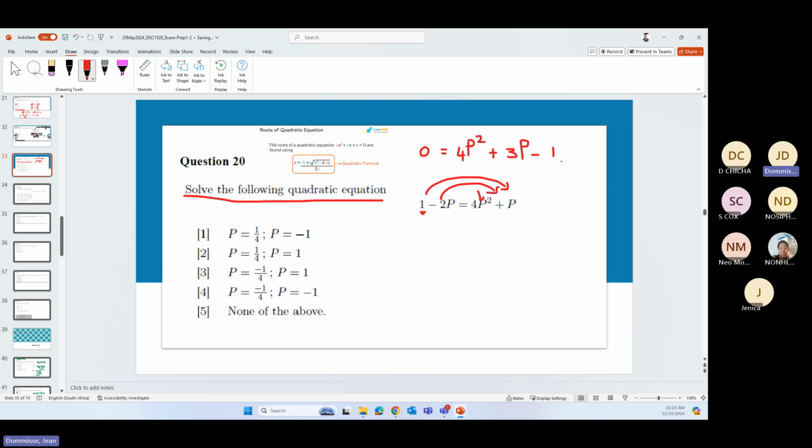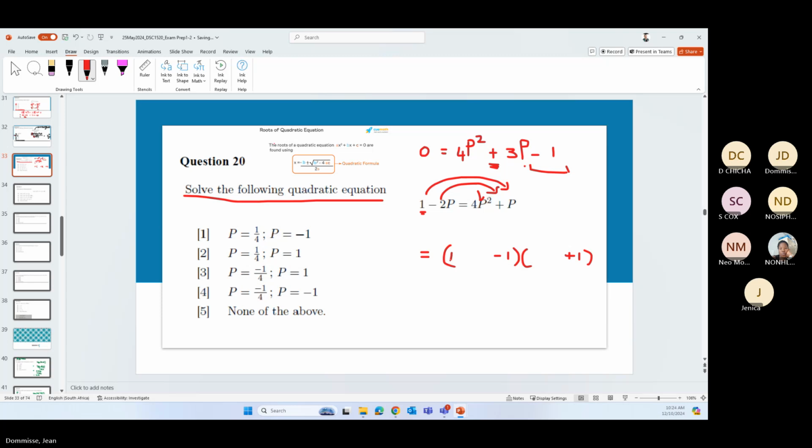Okay, so now what I see, we can factorize that. Let's just do that. Minus 1, so I know the one will be minus 1, the other one will be plus 1, because minus 1 times plus 1 will give me the minus 1. Then I see I've got the 4p, but here I've got the positive.